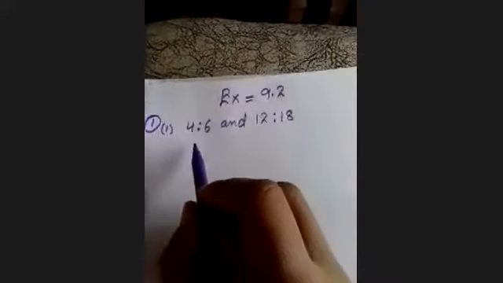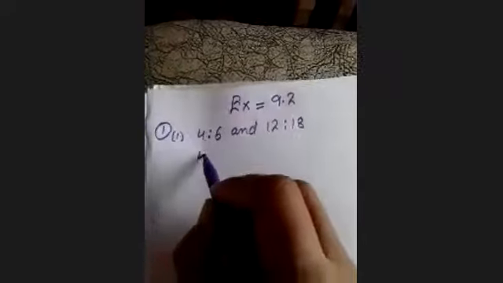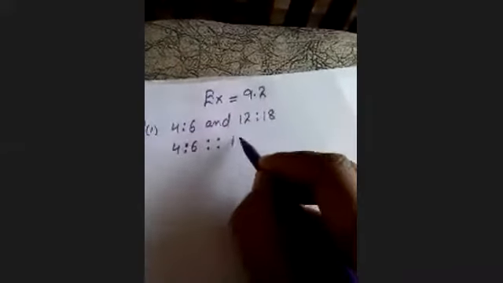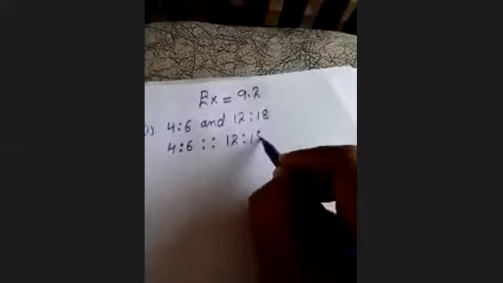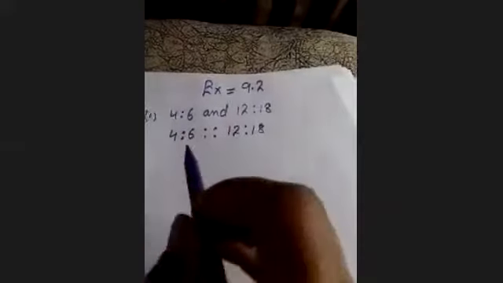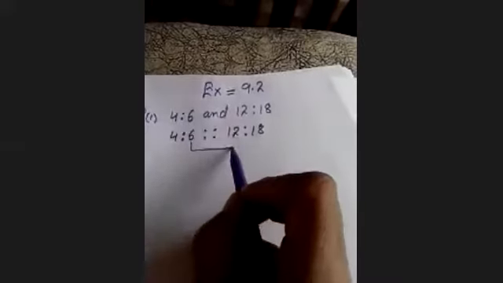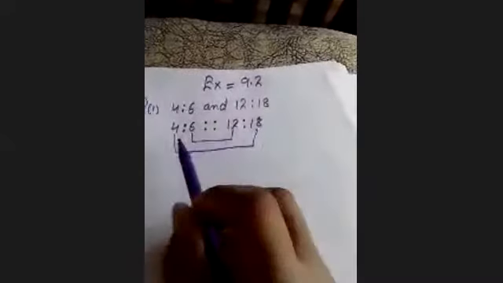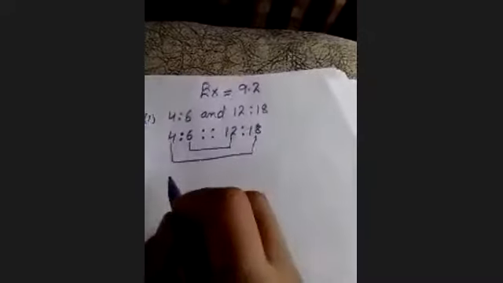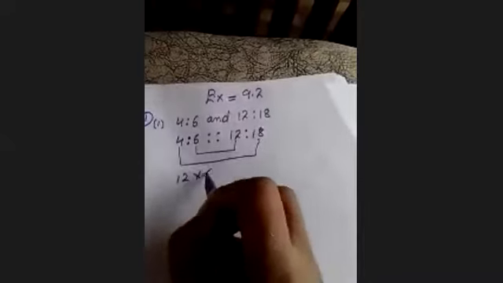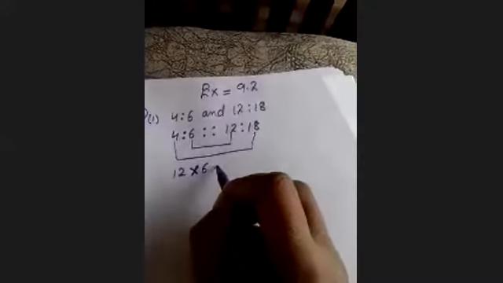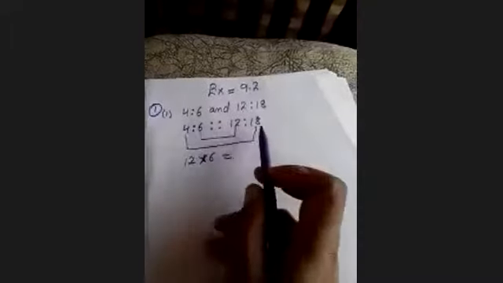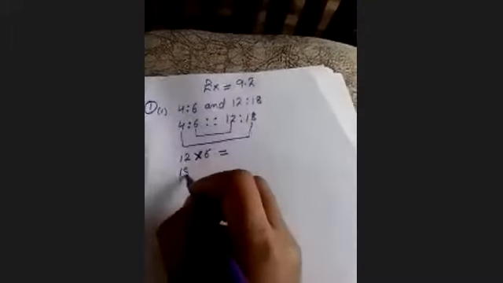Now first we will write these ratios in proportion. 4:6 proportion 12:18. Now find the product of means and product of extremes. Product of means, 12 into 6, is equal to, now product of extremes, 18 multiplied by 4.